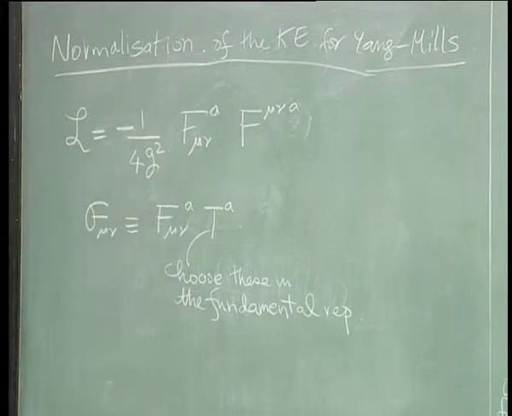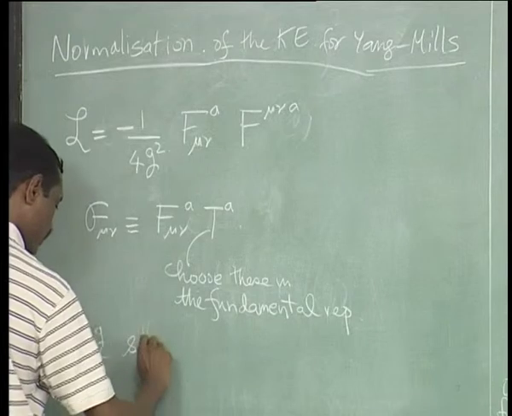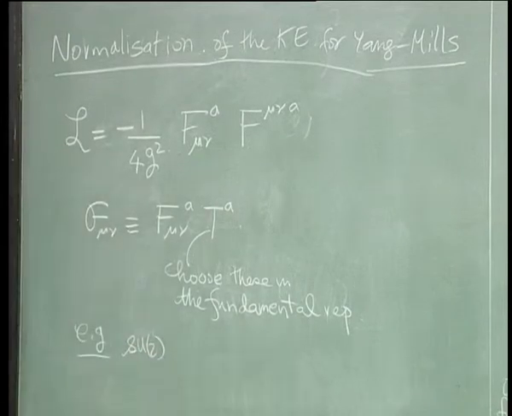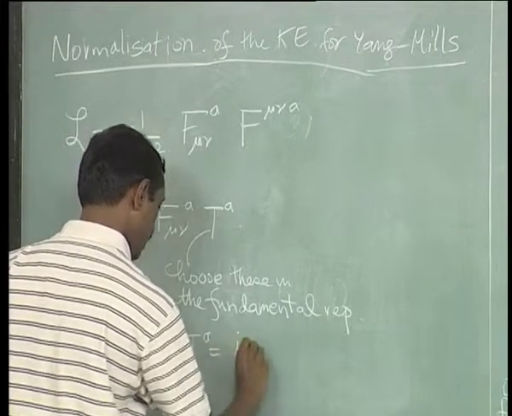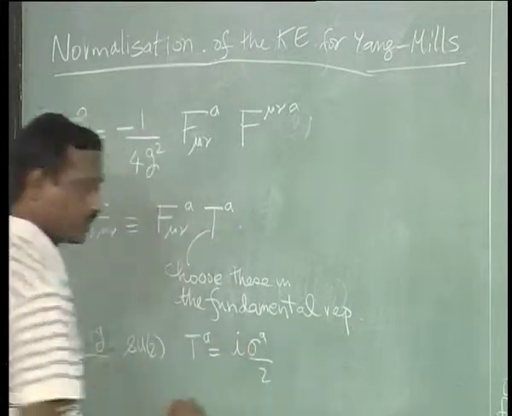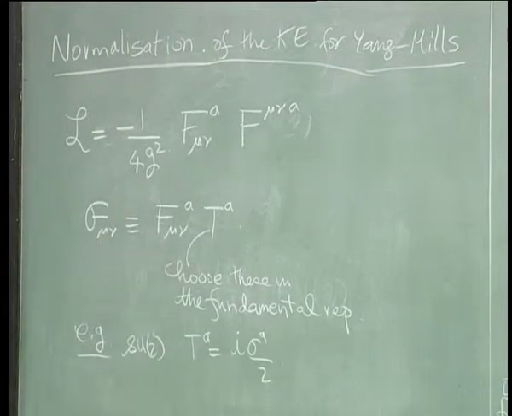Okay. So an example would be for SU2, the Lie algebra SU2, T a's would be i sigma a by 2. Okay. We are going to follow the physics convention, which is to put the required things to be... Is this correct?